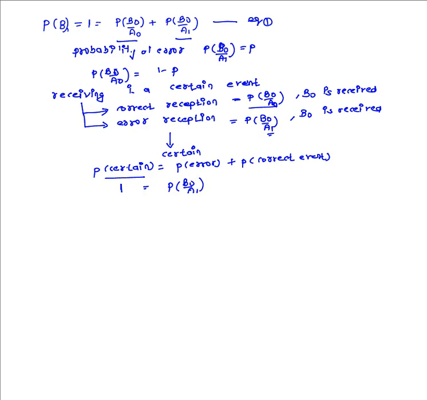And the probability of correct event, that means receiving 0 when 0 is transmitted, we need to find. From this equation we get the correct event probability as 1 minus p.